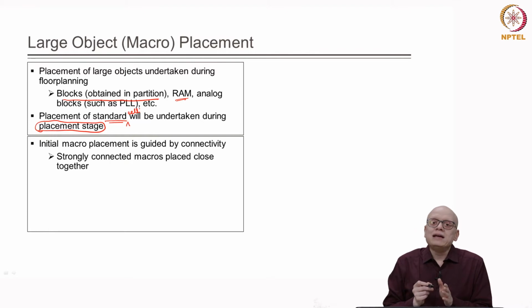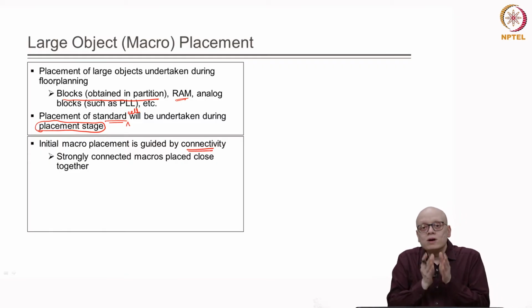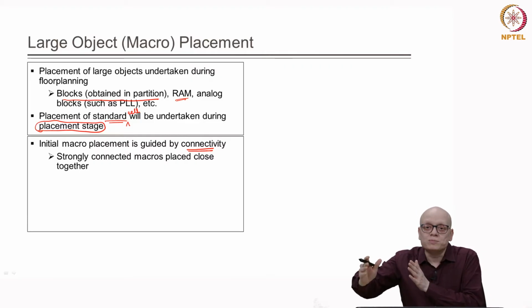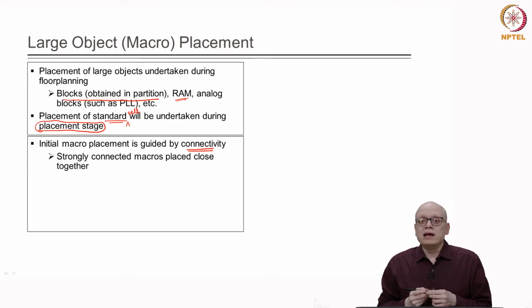So, how do we place these larger objects? The initial macro placement is guided by connectivity, meaning how one bigger object is connected with other bigger objects in our design. Based on that we can make some decisions.